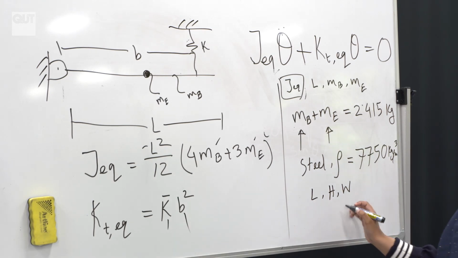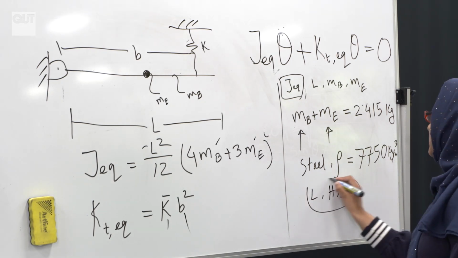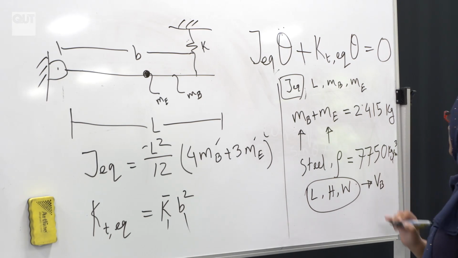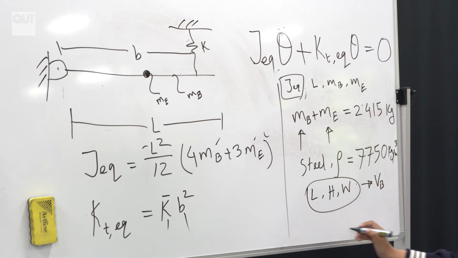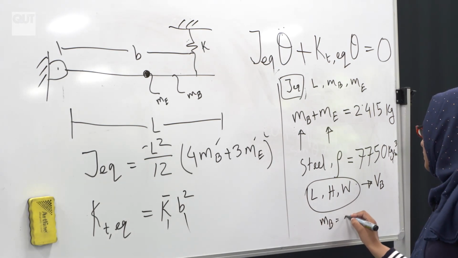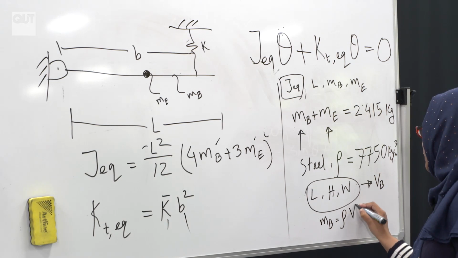Combining these three, you can get the volume of the beam. If you know the volume of the beam, then you can find the mass of the beam as density times volume of the beam.